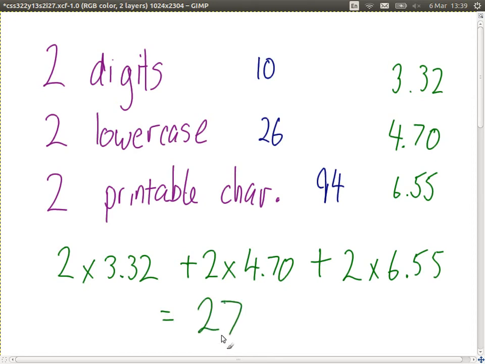You can get it more accurate. That's the beauty of entropy. You can add them up for individual characters because it's a log-based measure.